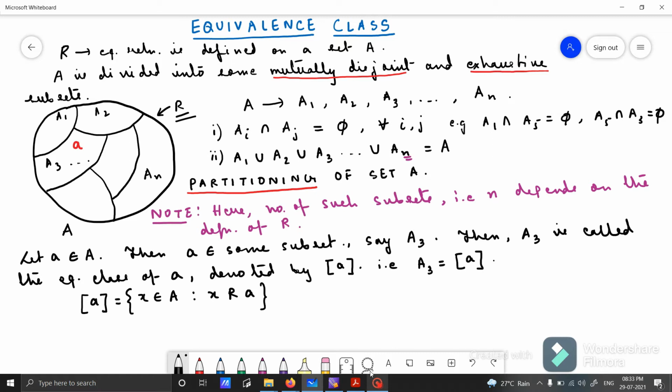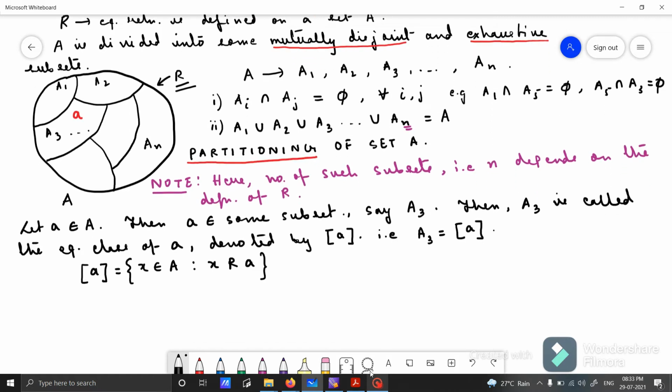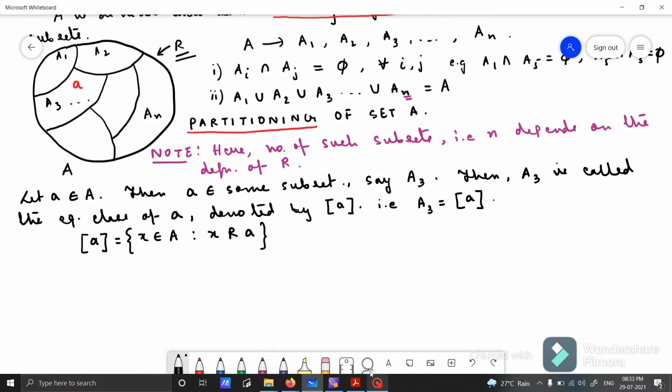Suppose you pick another element, say y, an element of A. Then y will also belong to this equivalence class if we see that y is related to a. This is how we define the equivalence class of an element of the set A. Now this will become very clear if I explain it with the help of an example.